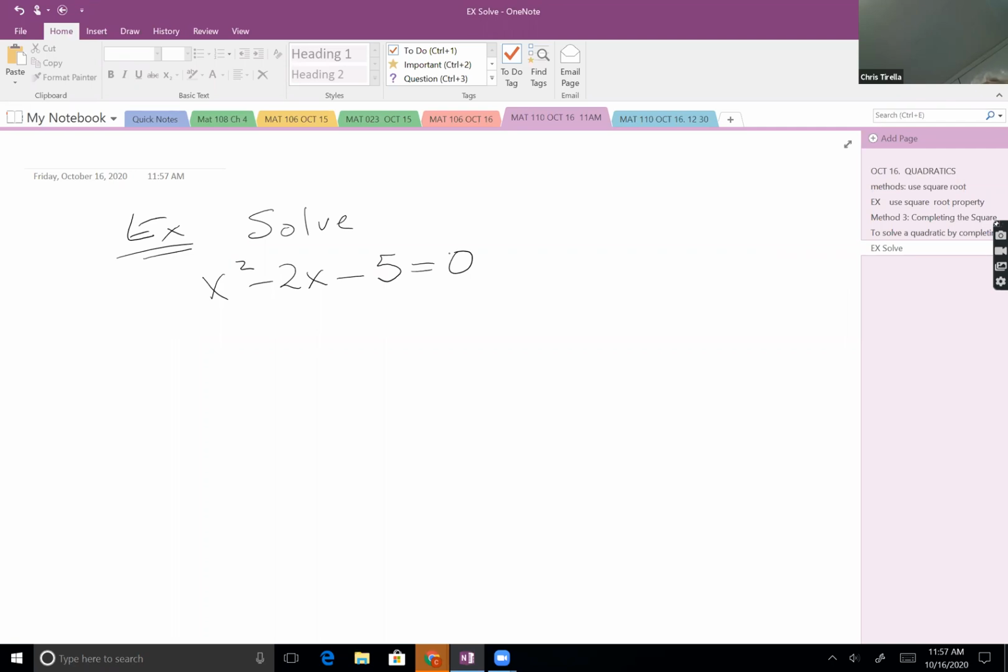And I'm looking at this one, and I know that I cannot factor it. Since I can't factor it, I'm going to try to complete the square. I'll add 5 to both sides, which gives me x squared minus 2x equals 5.